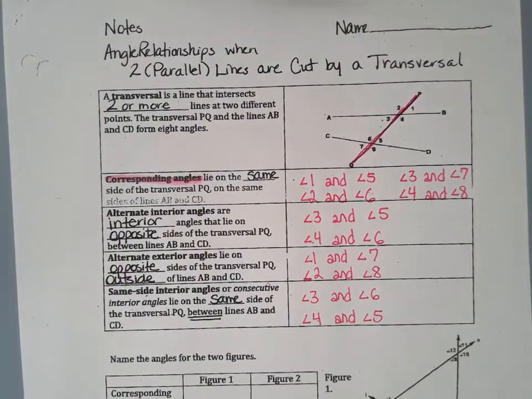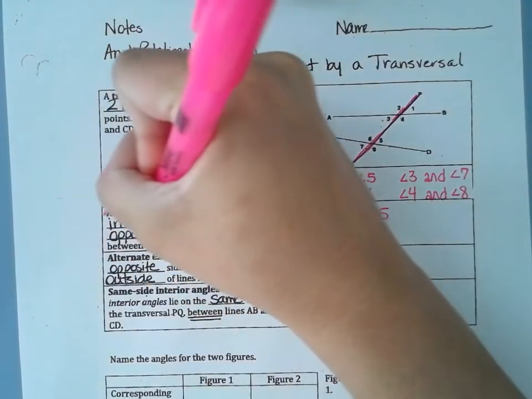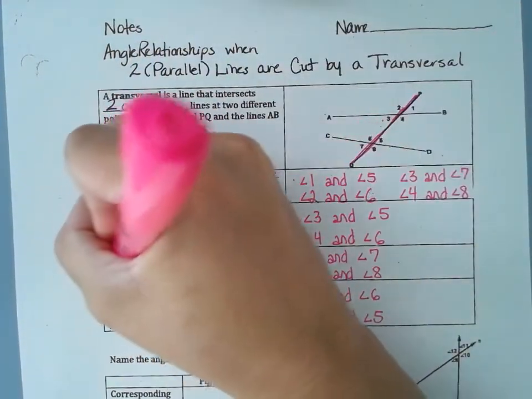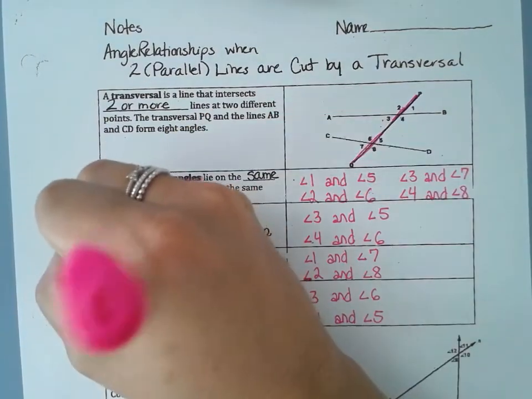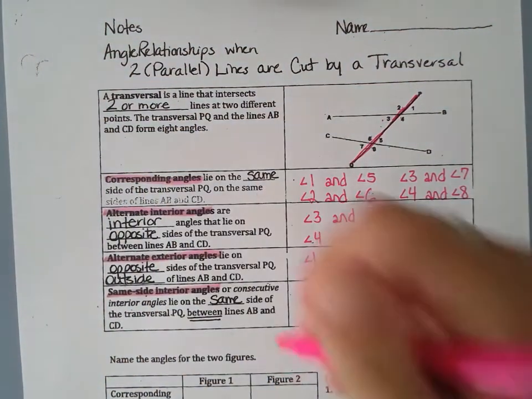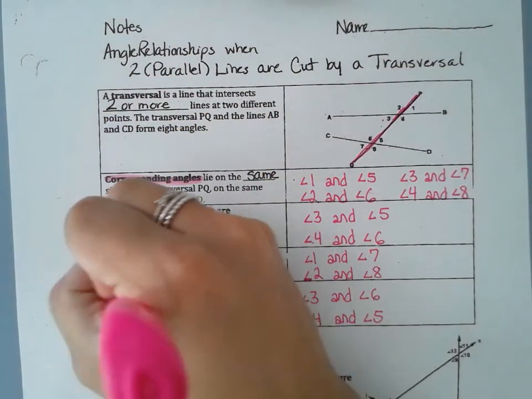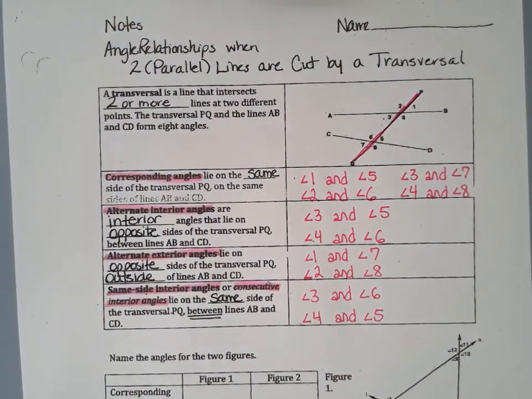And I'm just going to go ahead and highlight all of those important vocabulary words. So alternate interior angles, alternate exterior angles, same side interior angles, or you can see it as consecutive interior angles.